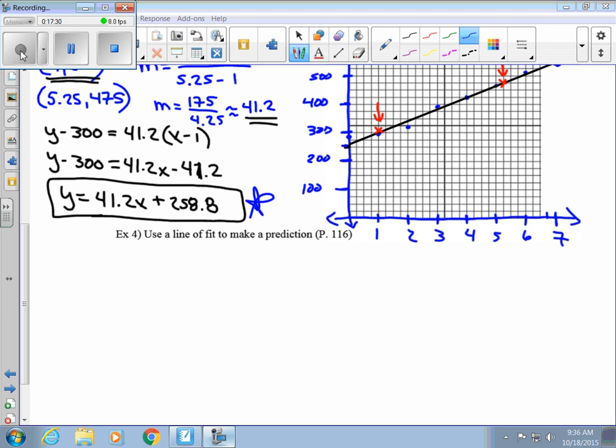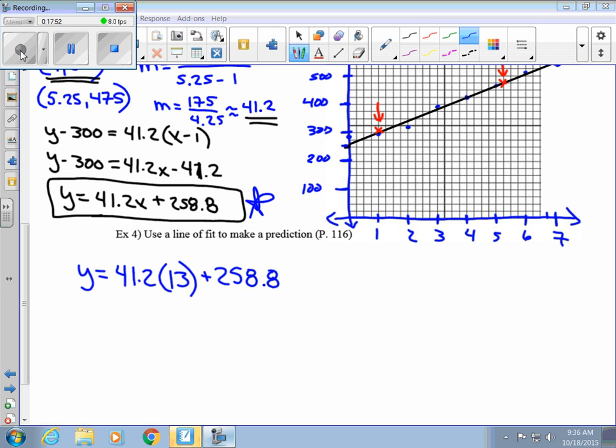So 2010 is 13 years after 1997, which we were supposed to use. So all we're going to do is plug in 13. If they said the year 2000, then we'd plug in 3.